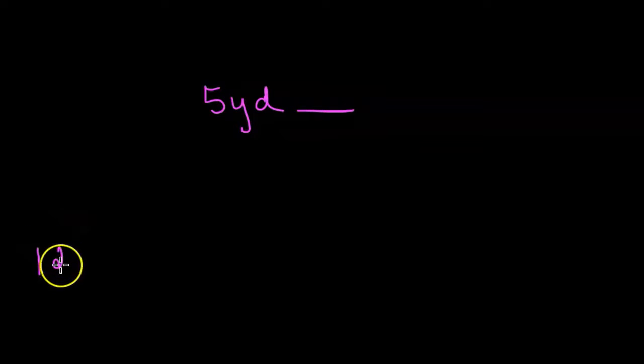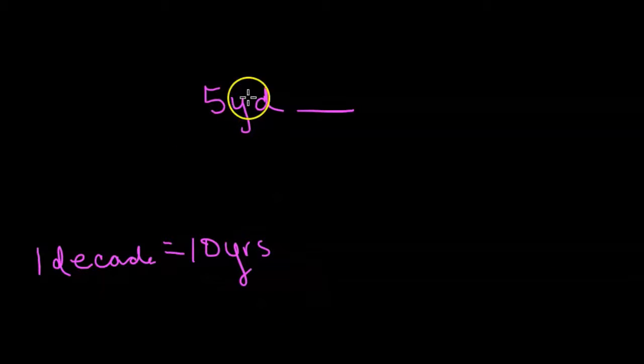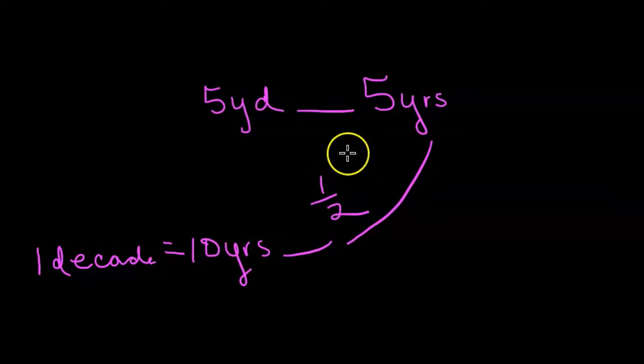So 1 decade is how many years? 10 years. Okay, well, I want half of 10, right? Well, what is half of 10? 5, right? Half of 10 is 5 years. So these are equal.